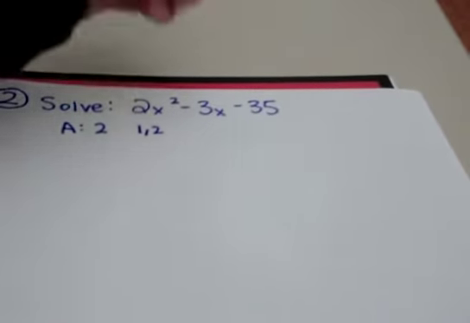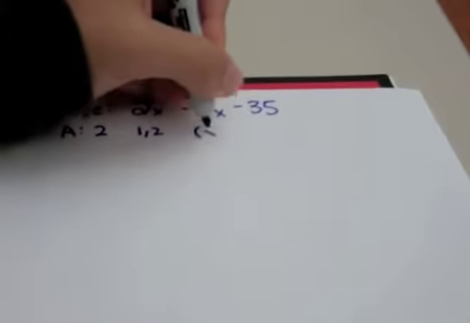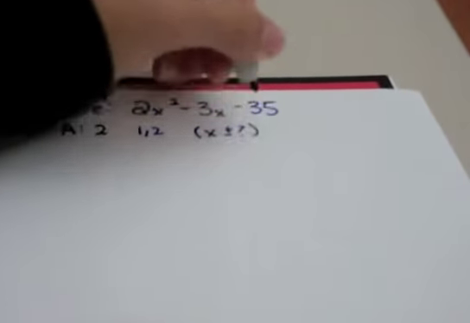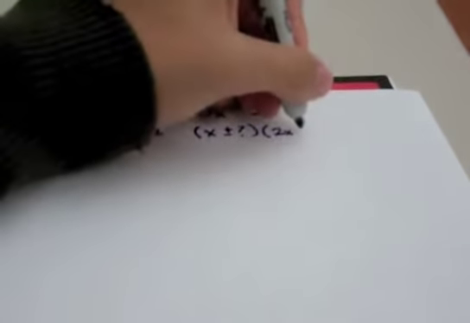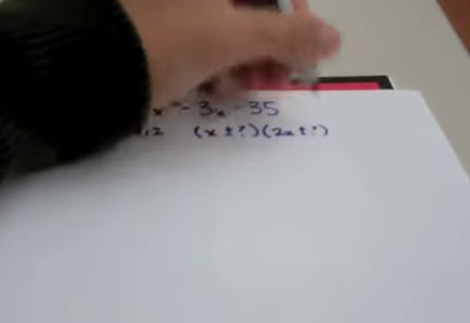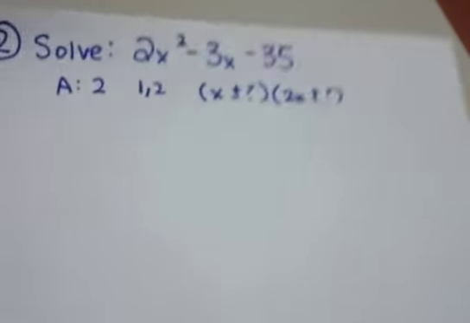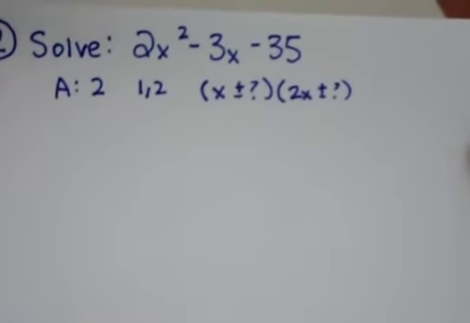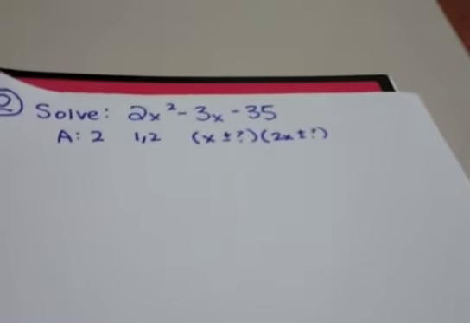So we know our answer is going to look something like x plus or minus some value times 2x plus or minus some value. The only reason I put that down is so that I have an idea of what my final answer should look like, so that I know where I'm going.